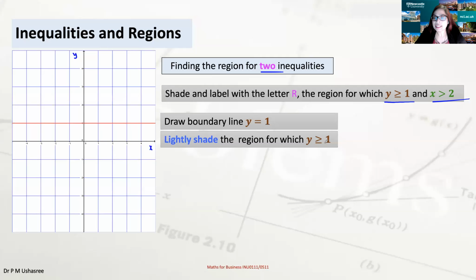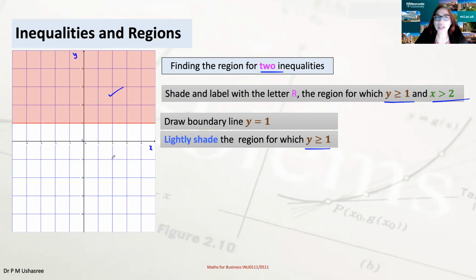Lightly shade the region for which y is greater than or equal to 1. If you're getting confused, just substitute the origin in this inequality. 0 is not greater than 1, so this is false, and the other is the region which satisfies this inequality.